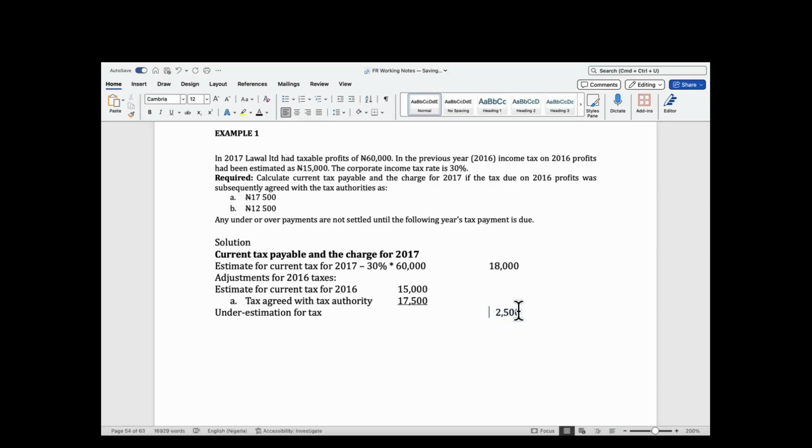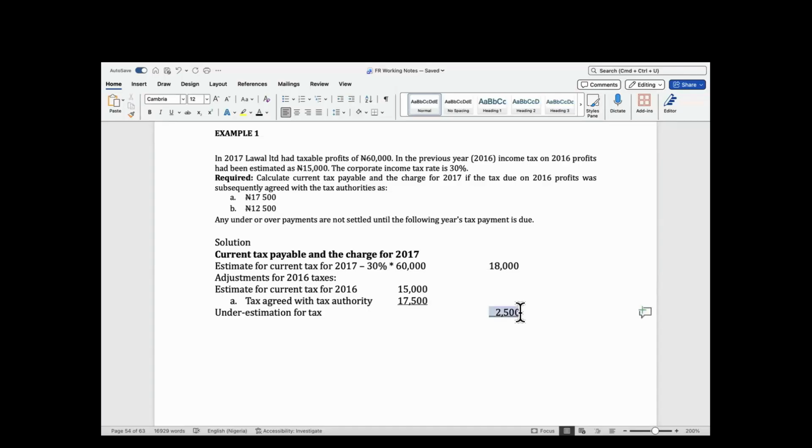I'm sure the person that said temporary difference didn't join us from the beginning. So this underestimation for tax is going to be considered this year. Who can remember how we recognize this in our books? What did I tell you is the double entry for this? We debit underestimation for tax and credit bank. God bless you, Olamilekan. We debit underestimation for tax and credit bank.